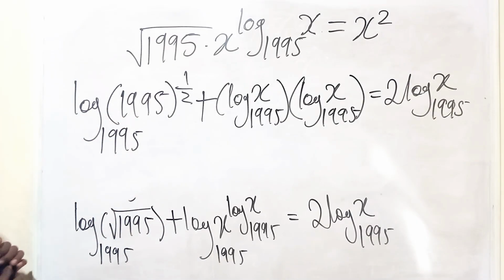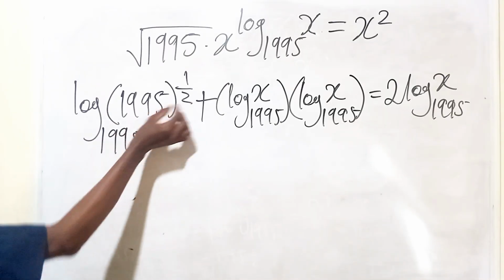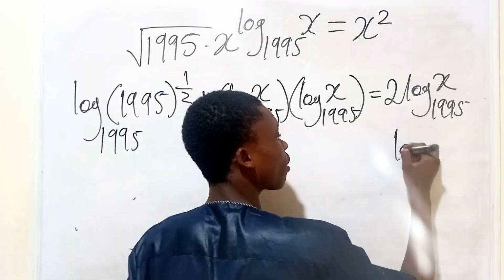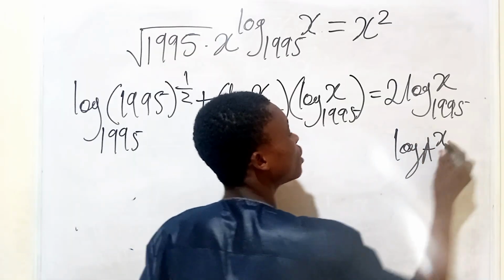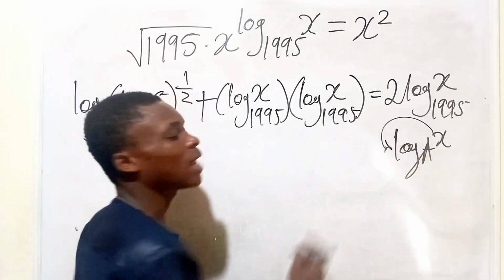From the power law of logarithm, if you have log a to the power x, this power can come down to multiply the log.